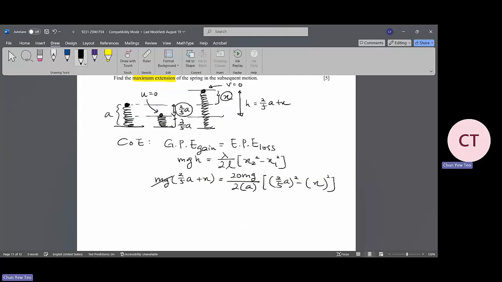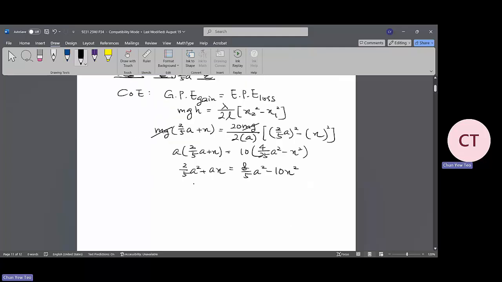Then we can straight away cancel the mg. Then I will get a multiplied by 2/5a plus x is equal to 10 of 4/25a squared minus x squared. So I just need to multiply it inside. I get 2/5a squared plus ax is equal to 8/5a squared minus 10x squared.